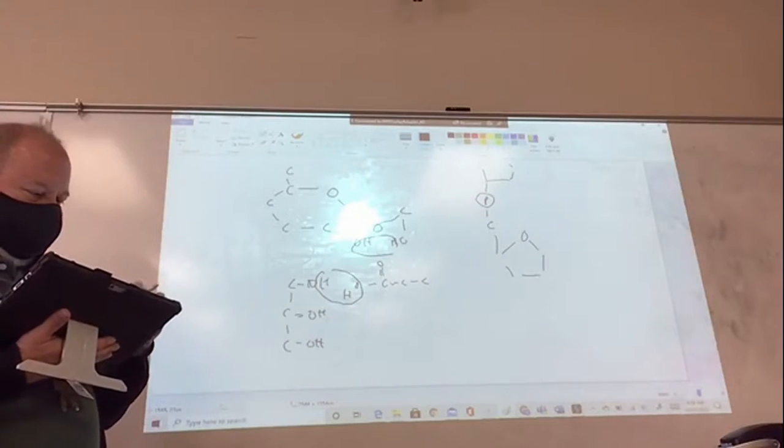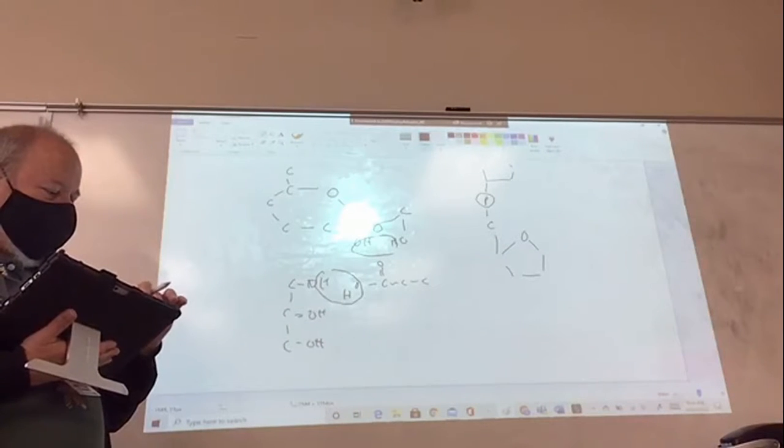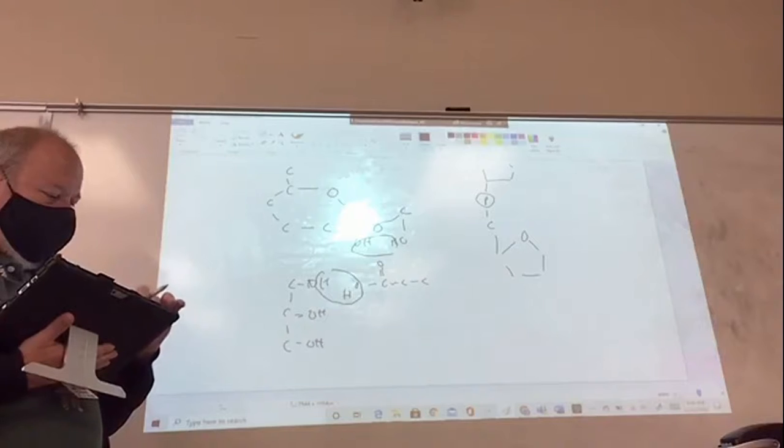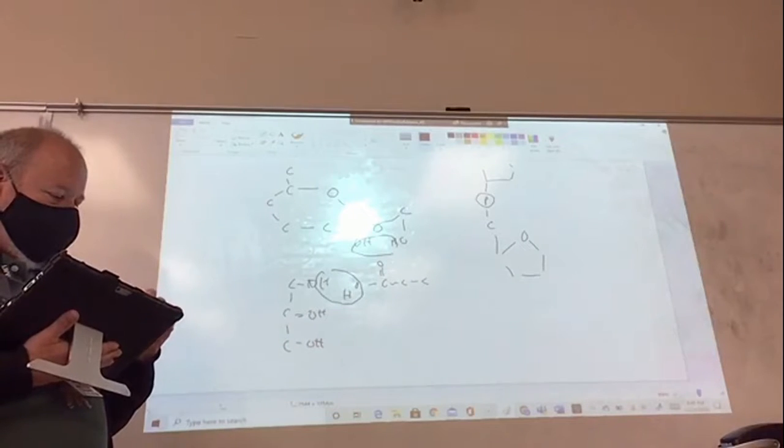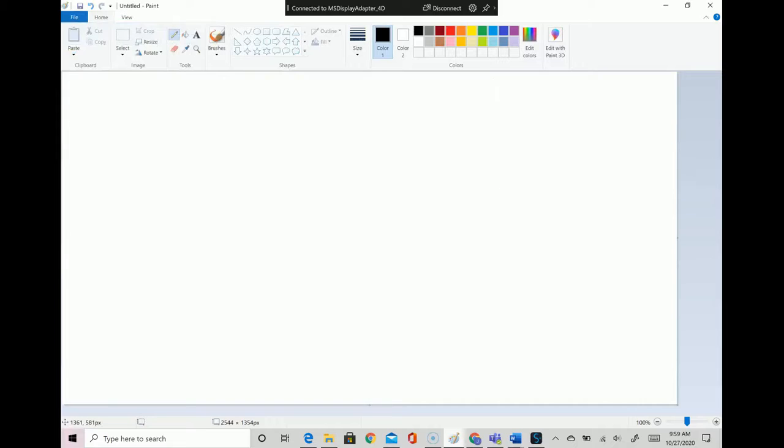But when we look at amino acids, we see that they're going to hook together in yet another different way. So I've got the OH, or I've got the acid part of the amino acid right here.